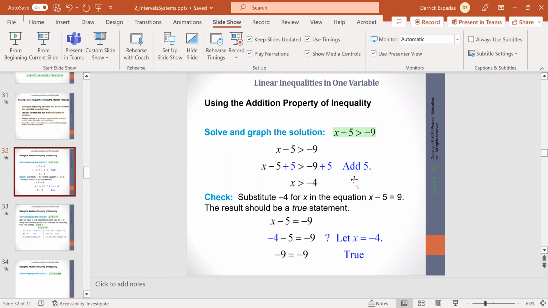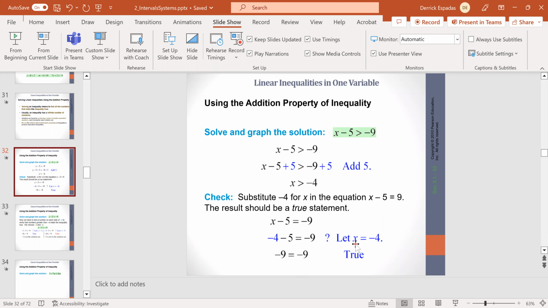So x is greater than -4. Awesome, we solved it. And we can double check it. If we put in -4 for x, we get -4 minus 5, which equals -9. -9 equals -9, so that's true.